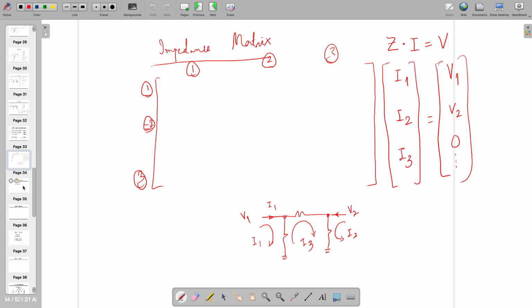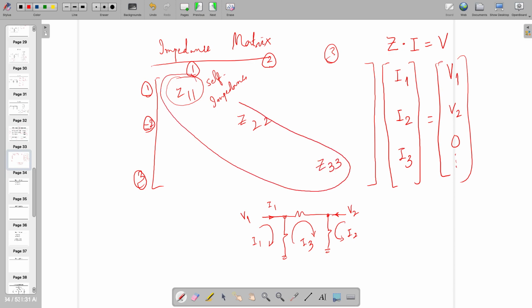The particular impedance for a given place is known as the self impedance. So all of these, Z11, Z22 and Z33, are self impedances. For the self impedances, those entries will be plus. Other entries might be plus, might be minus, depending on what loop you are creating.